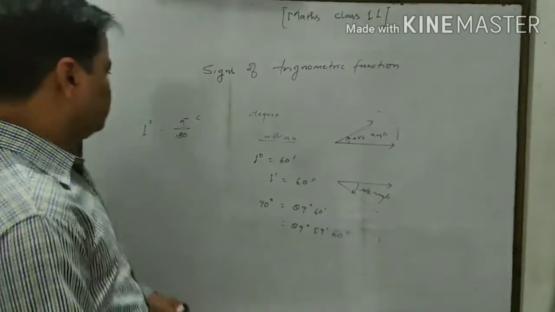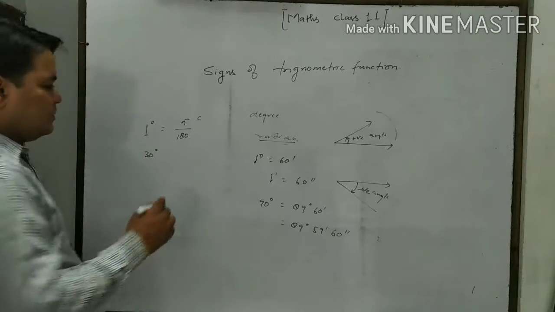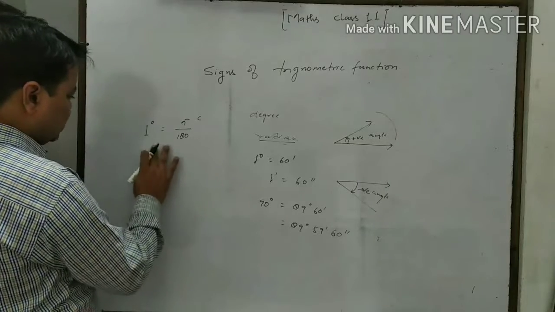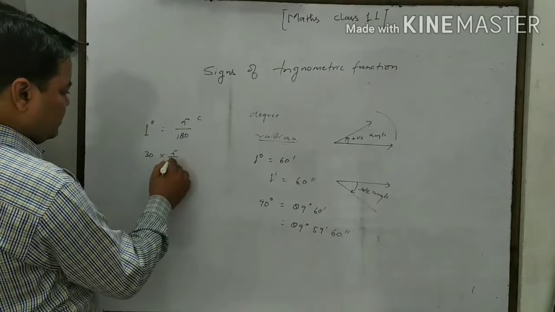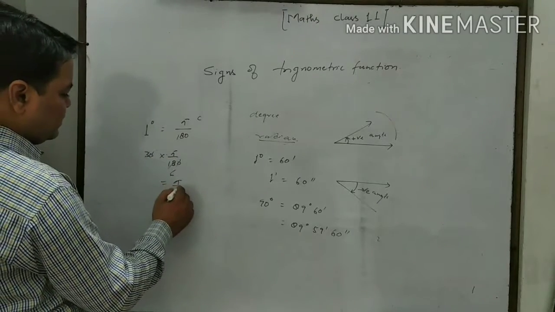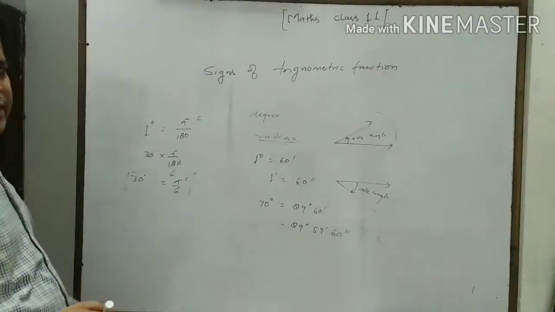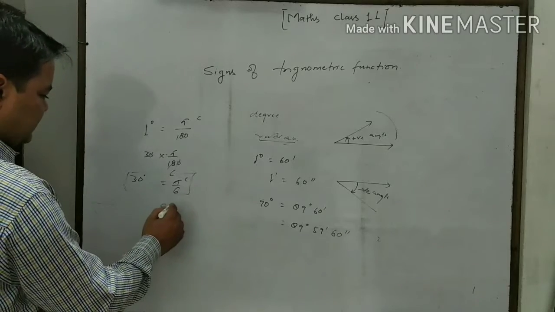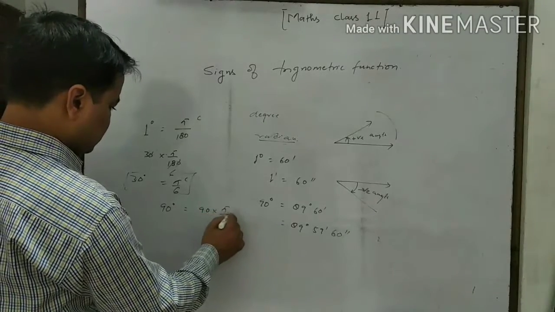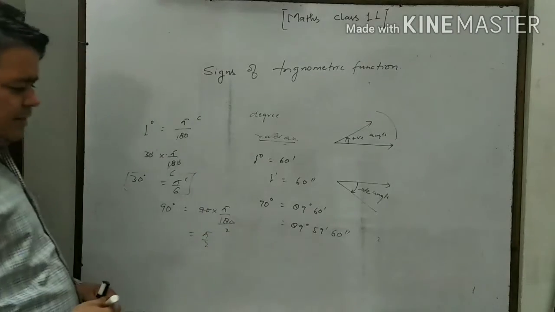If we want to change 30 degree into radian, then what we do? 30 degree into radian we want to change, then it will be 30 into pi by 180, and that is pi by 6 radian, means 30 degree is pi by 6 radian. Similarly 90 degree we want to change into radian, 90 into pi by 180, then it will be pi by 2 radian.